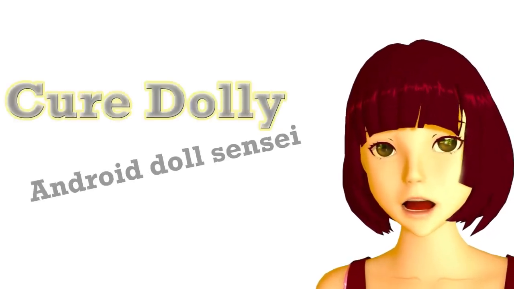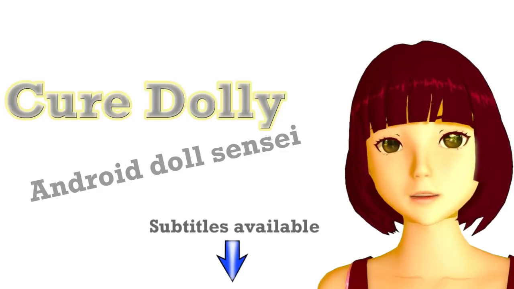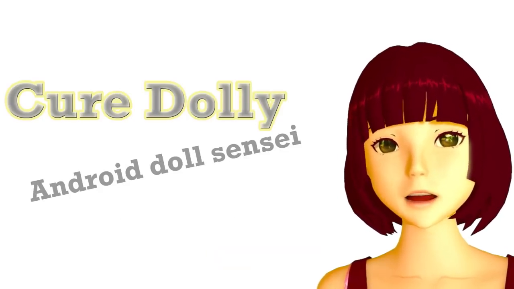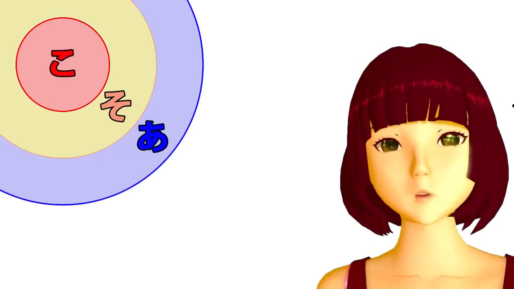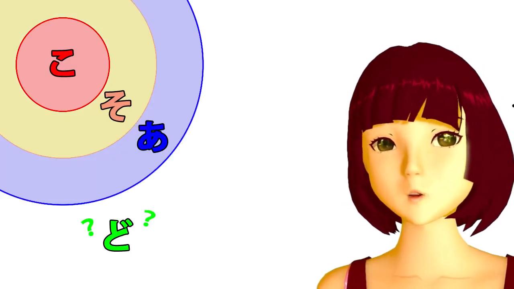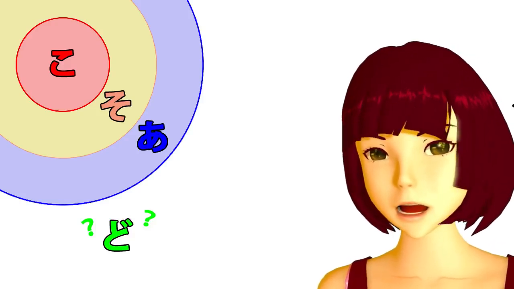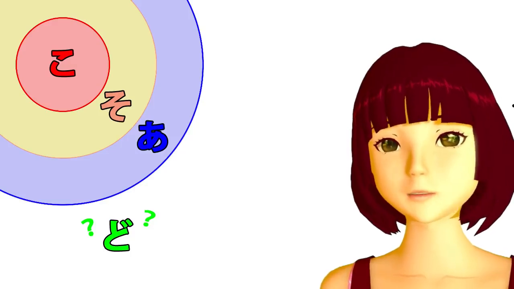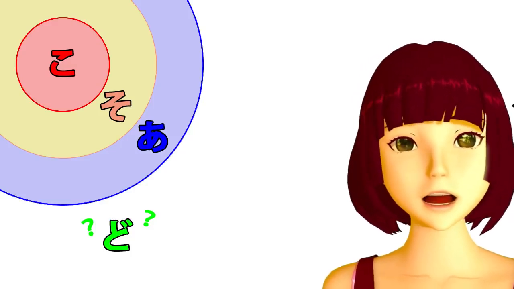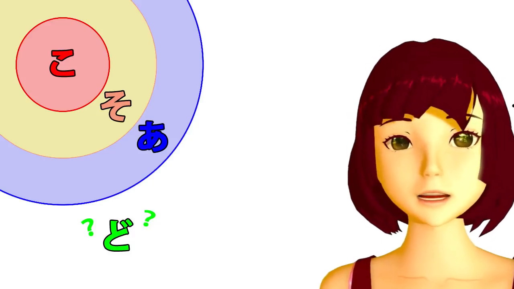Konnichiwa. Today, we're going to talk about the Japanese system of directional words which use ko, so, a, do. This is commonly called the ko-so-a-do system, and initially it simply marks physical locations, but it then expands out to more subtle and metaphorical uses.